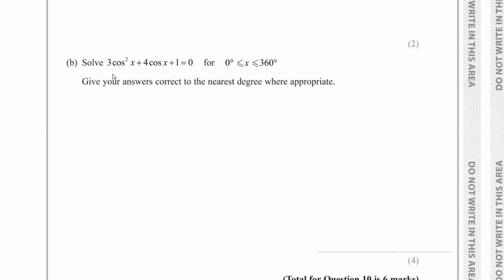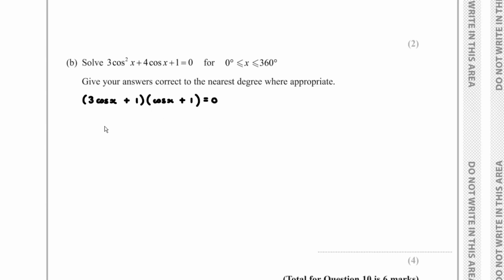Part B. Solve 3 cos squared x plus 4 cos x plus 1 equals 0 for x being in between 0 degrees and 360 degrees. Give your answers correct to the nearest degree where appropriate. So, what we can do is factorise the left hand side of this quadratic, and in doing so, we have 3 cos x plus 1 multiplied by cos x plus 1 equals 0.